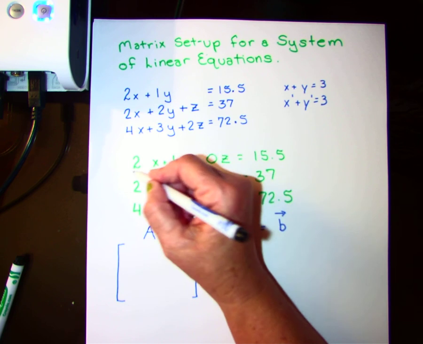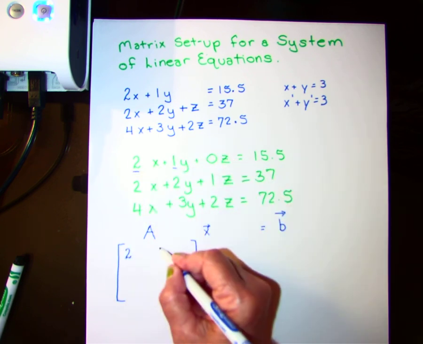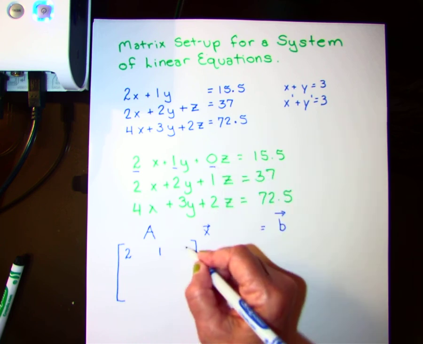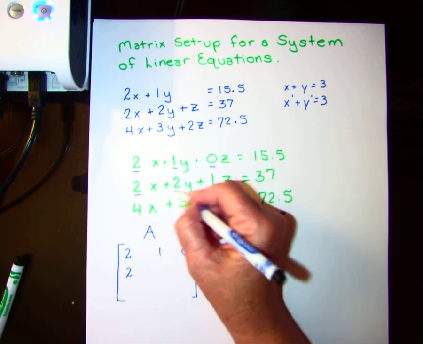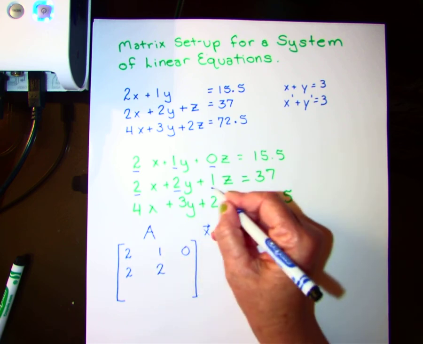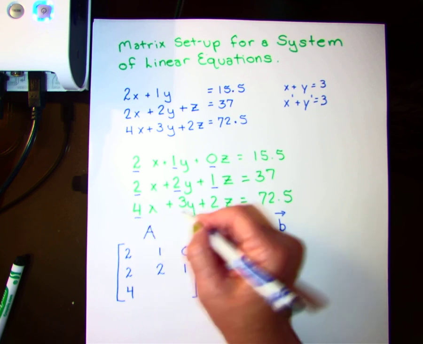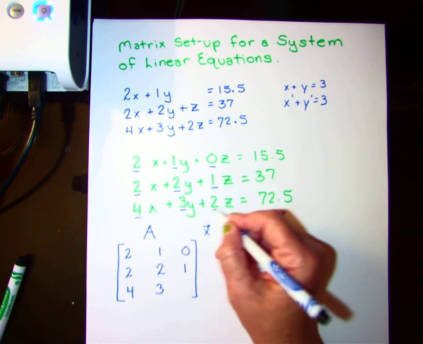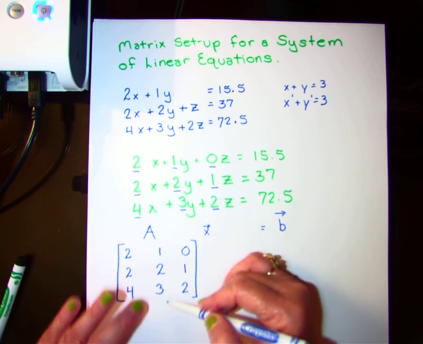Here it's going to be a 2, a 1, a 0, a 2, a 2, a 1, a 4, a 3, and a 2. So now these are my x's, these are my y's, these are my z's.